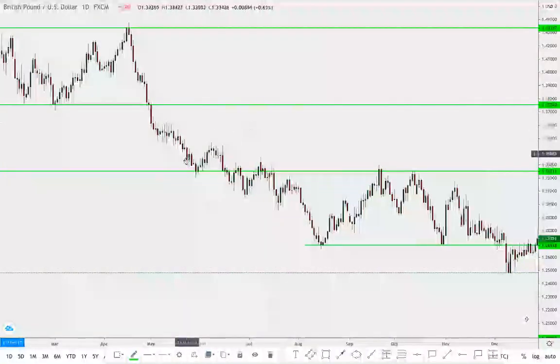This is exactly why, when we break out of a range, I don't really like getting into the first setup per se. This one formed pretty nicely. I can't remember if I took this trade, but I remember taking this one and this one, right?